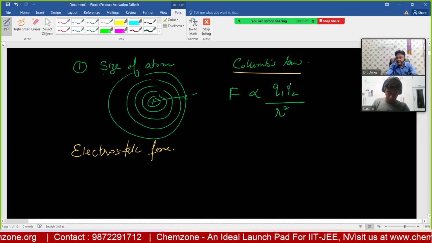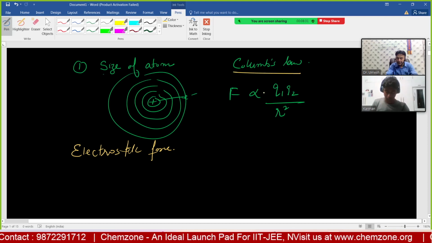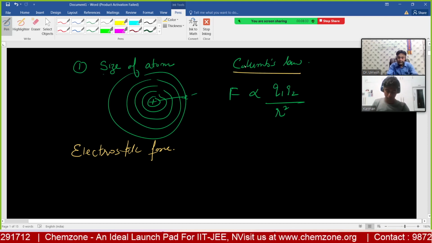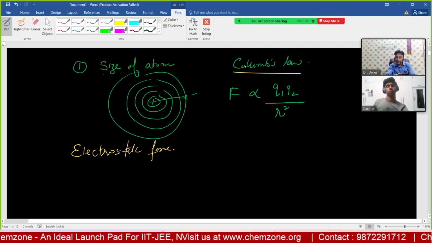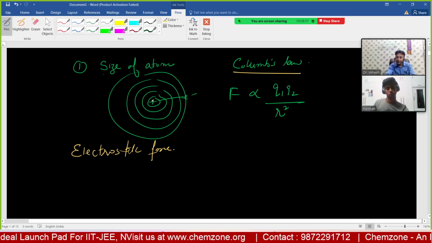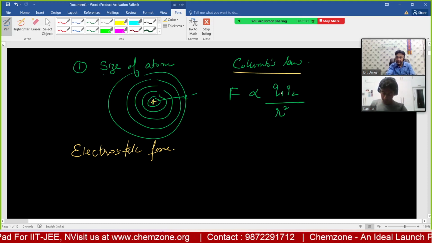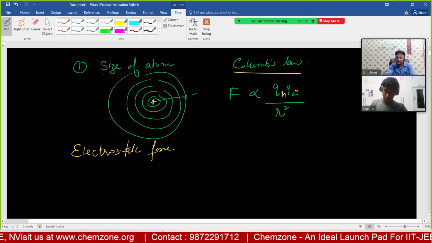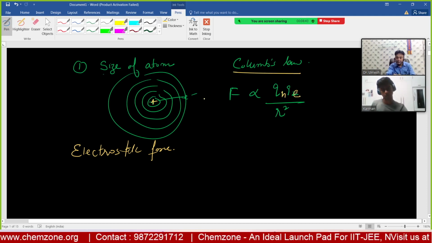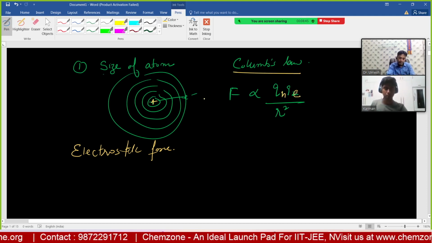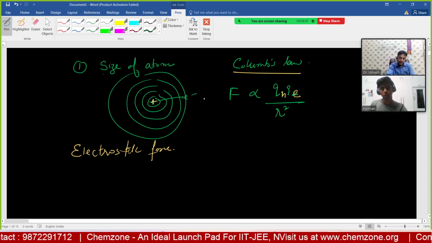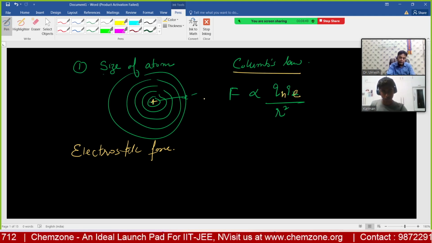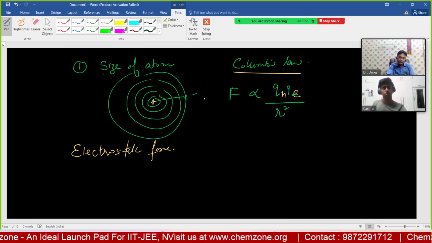This law states that the force of attraction between two oppositely charged particles, that is the positively charged nucleus and the electron, is directly proportional to the charge on the nucleus and the charge on the electron, and inversely proportional to the square of the distance between the two.